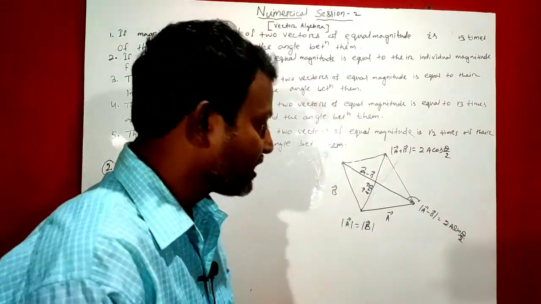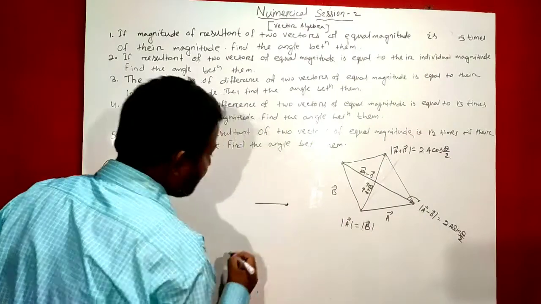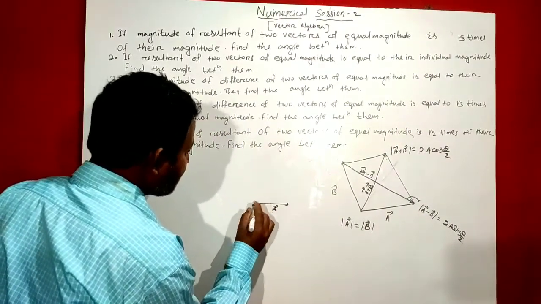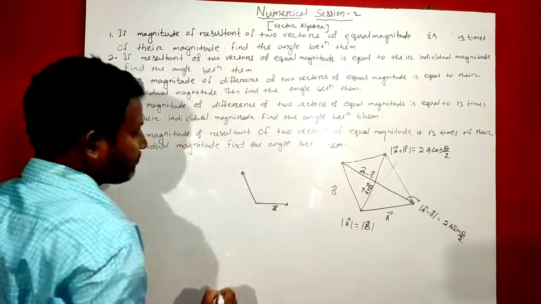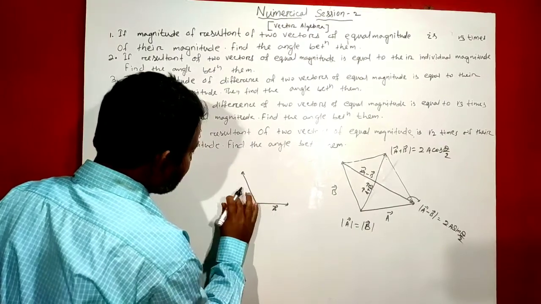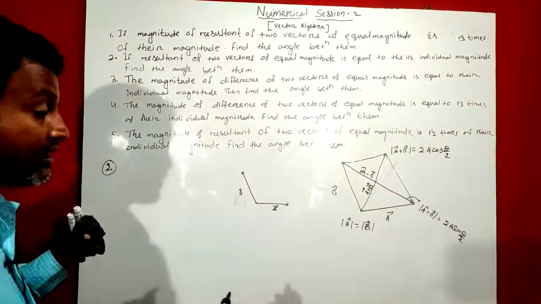That means there is a vector A and vector B. The magnitude of both vectors is the same.